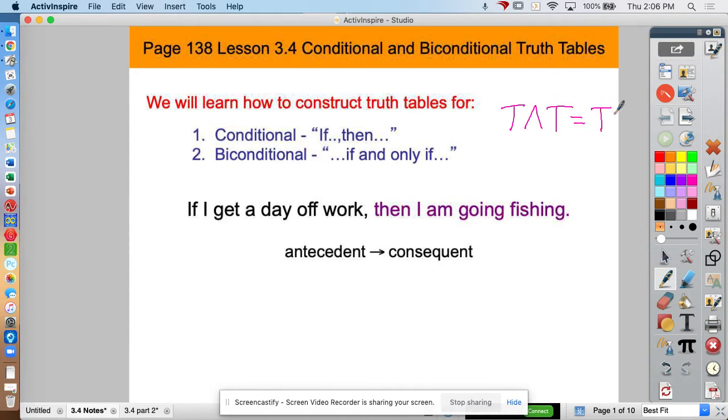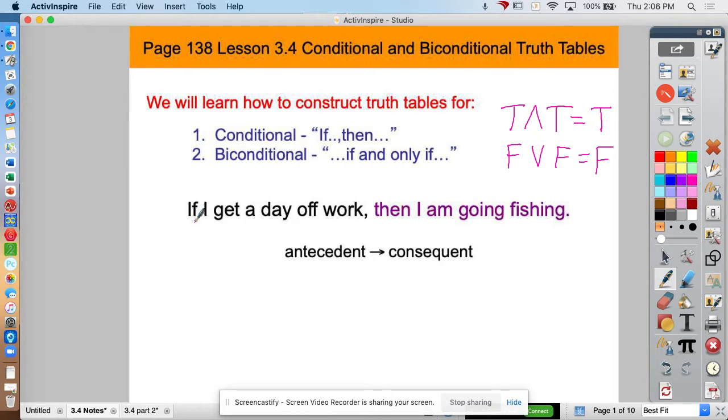If you have a conjunction, you're going to have true and true make true. If you have a disjunction, you would have false or false make false. So these are the two rules that you have practiced over the last day or two or three. And so what we're looking at now is to add on the conditional and the biconditional.